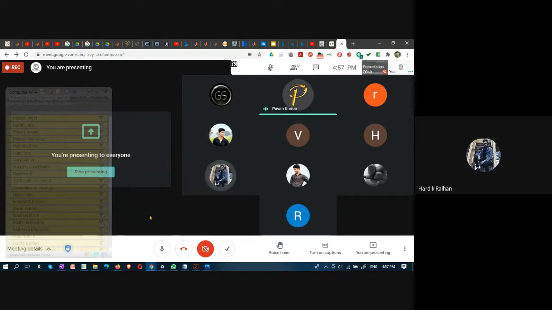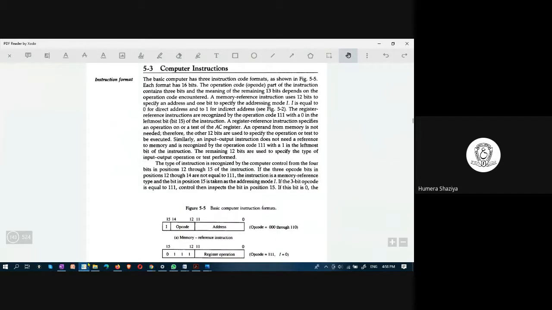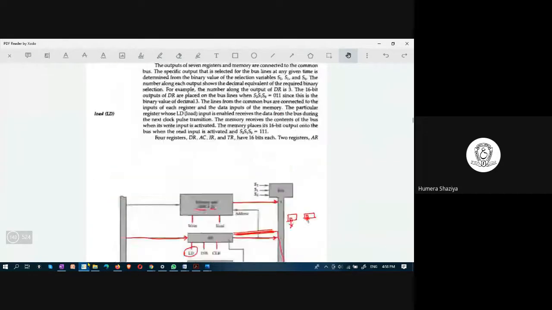Ma'am, I was facing the same problem as Kavita, in this 4-bit combinational circuit shifter. Yes, Pawan, what were you saying? Ma'am, when do I have to explain the topic? Now. I will just project that topic with that circuit.